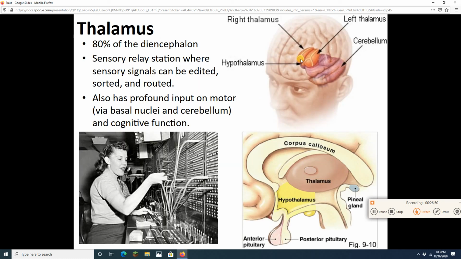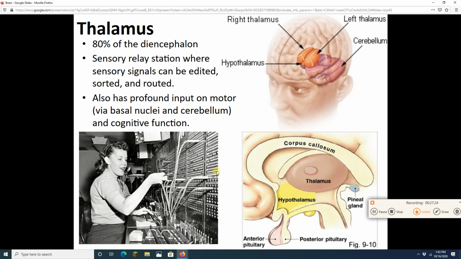These 2 eggs right here make up the thalamus. It is a big chunk of your diencephalon, 80%. It is a relay station, a switchboard, where sensory signals come in. Here's the deal. Most sensory signals, you want to ignore them because there are so many that it would drive you bananas if you were getting all of your sensory information all the time.